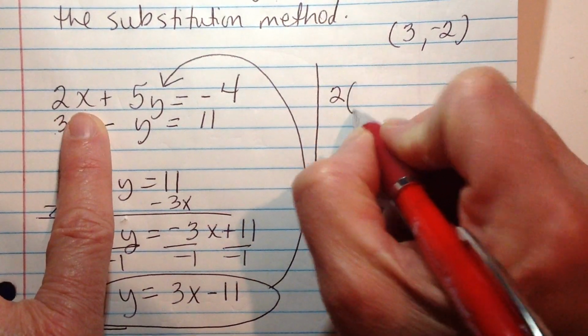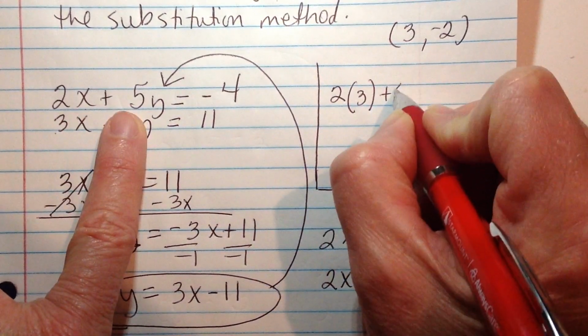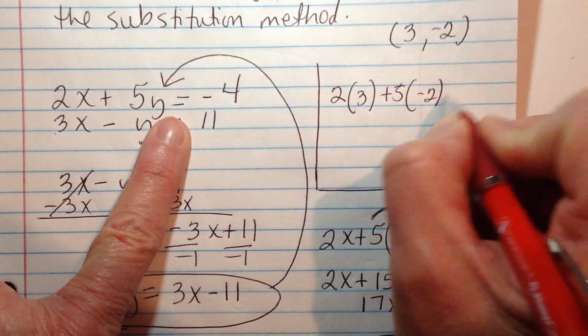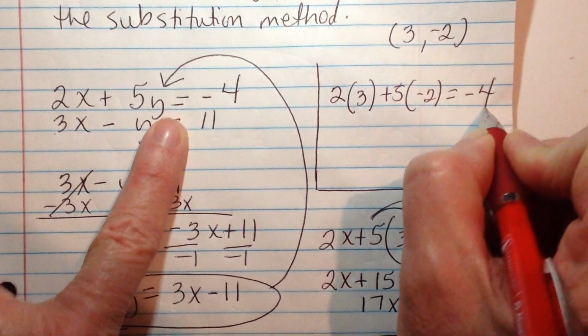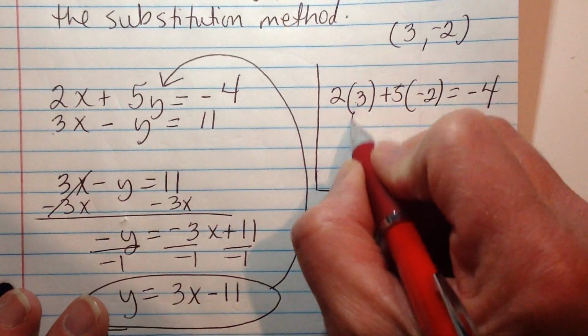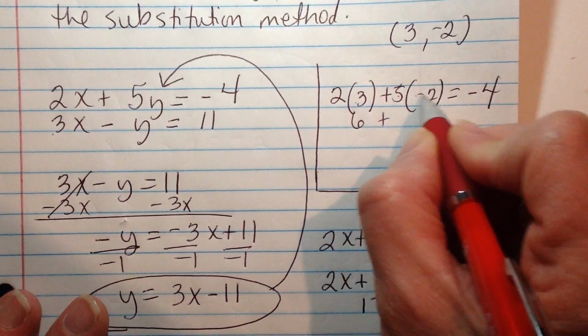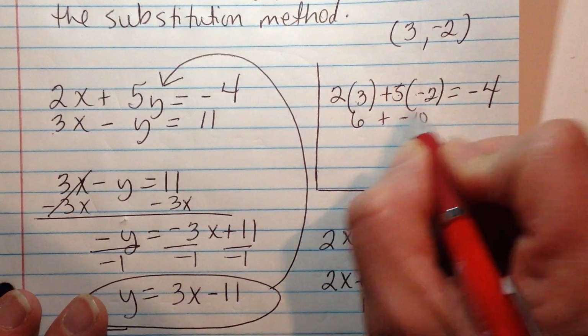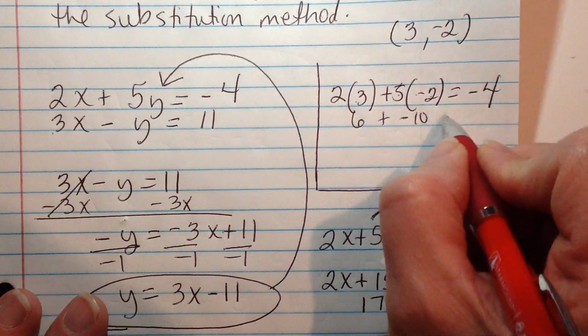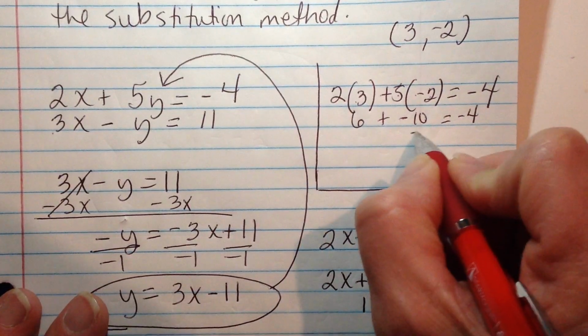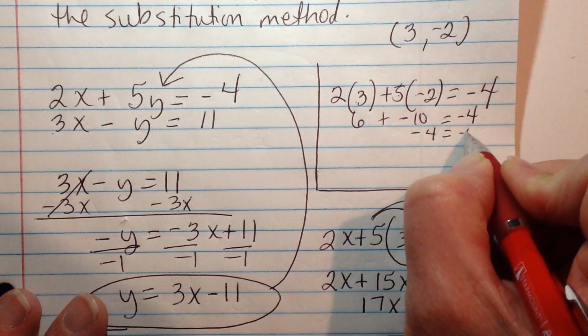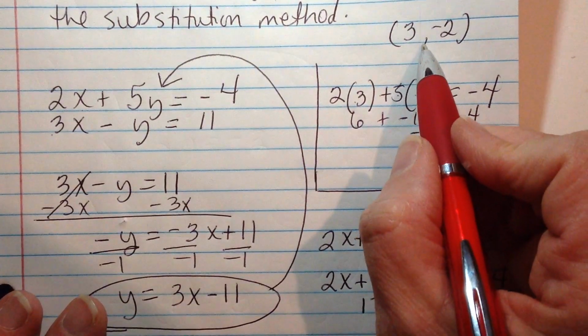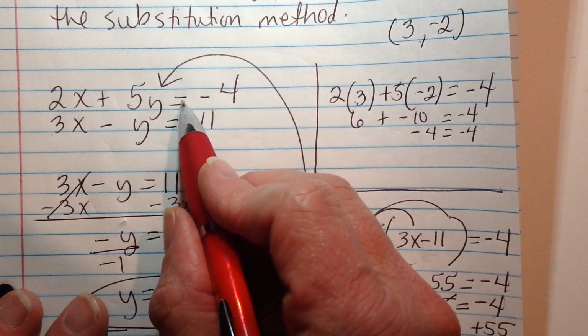So I have 2 times x is 3, plus 5 times negative 2 is y. Does that equal negative 4? Well, 2 times 3 is 6, plus 5 times negative 2 is negative 10. That is 6 plus negative 10. Does that give you negative 4? Yes, the left side does equal the right side. So this point is a solution to the first line.